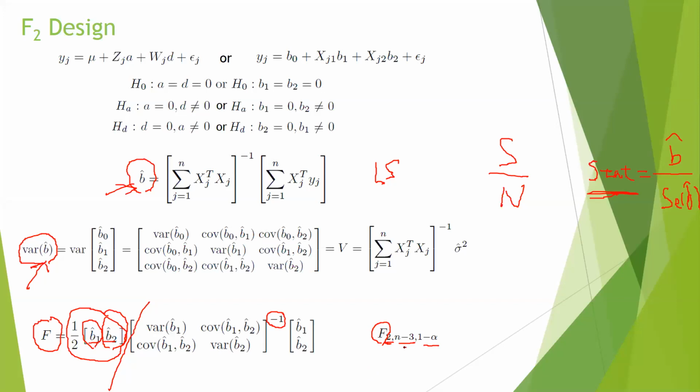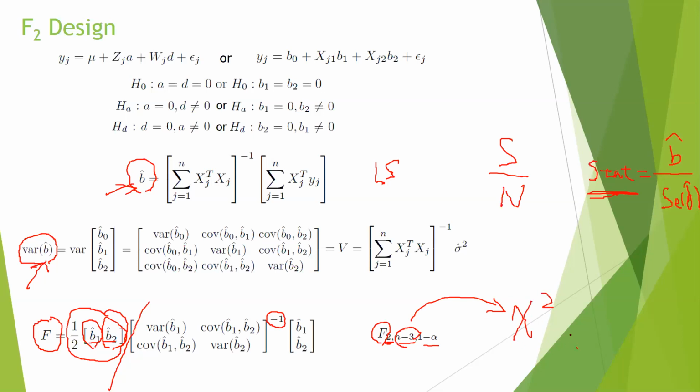We will talk about this in a minute. If n is large enough, with sufficient data points, this F statistic can be approximated by a chi-square test.